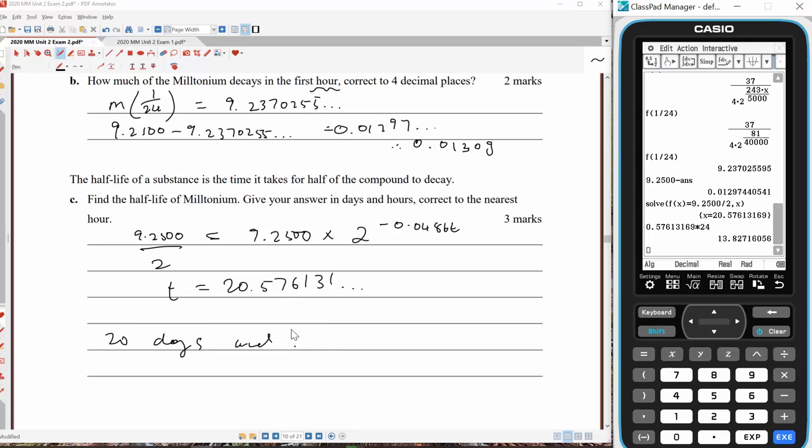So that's 13.8 hours, which to the nearest hour is 14 hours.